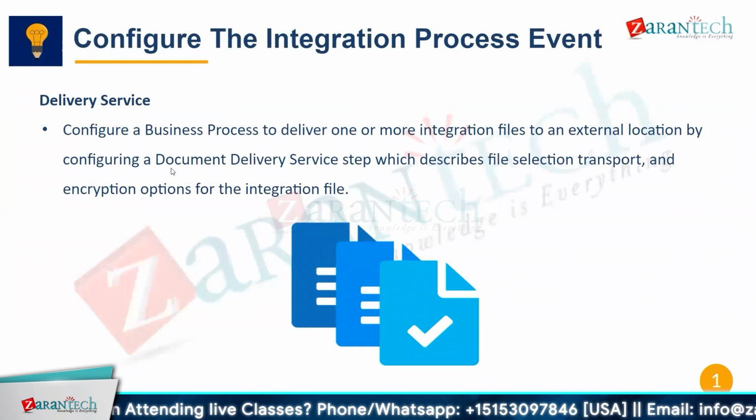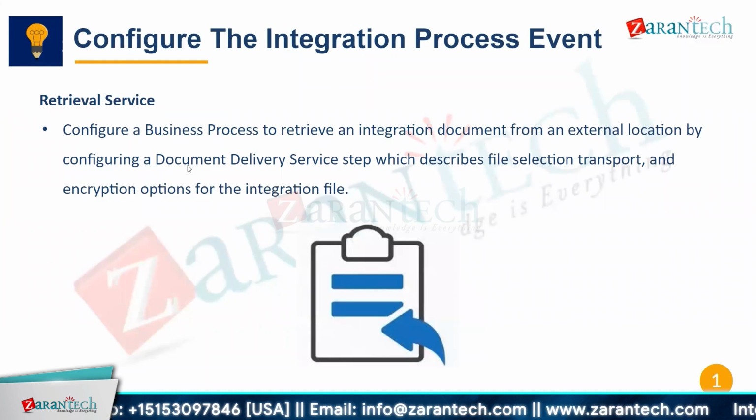Right. So this is how we configure the delivery service. Then if you're retrieving a document, similarly, you can configure the business process, and then you can set up the details for the document retrieval.